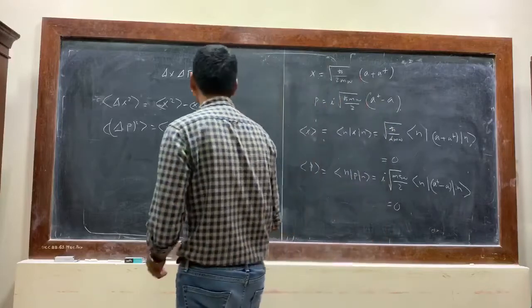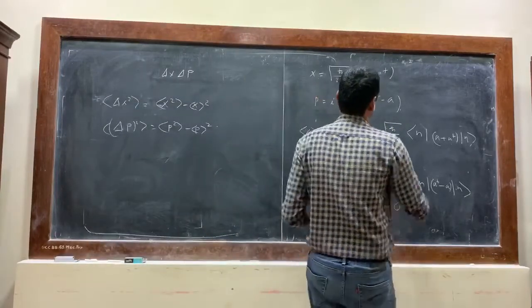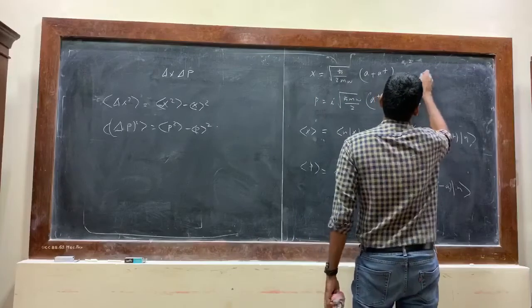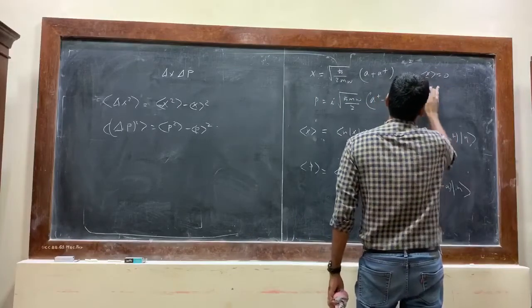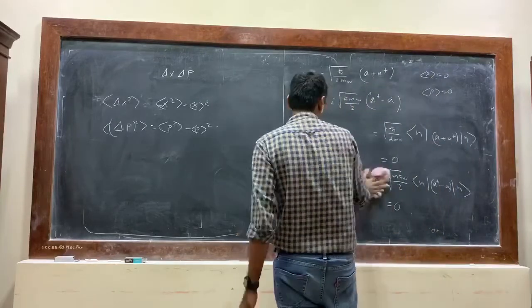So the average values of x and p are both 0.